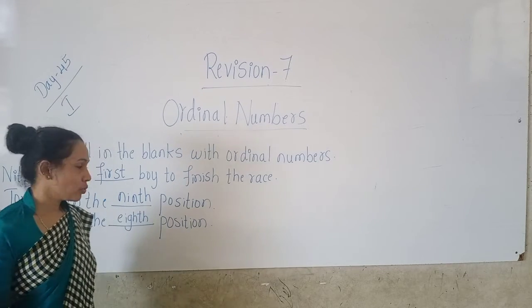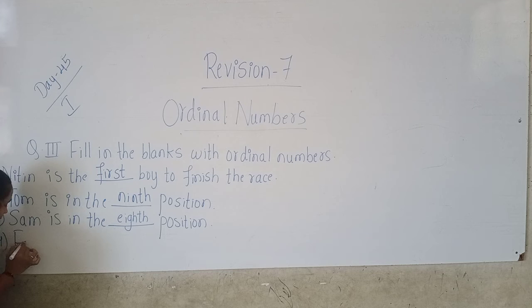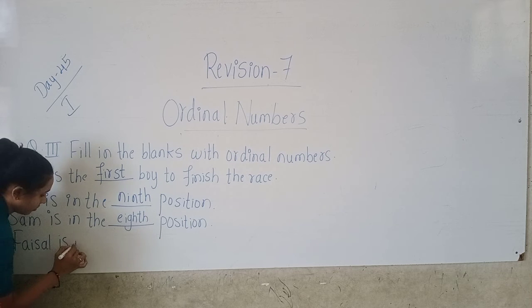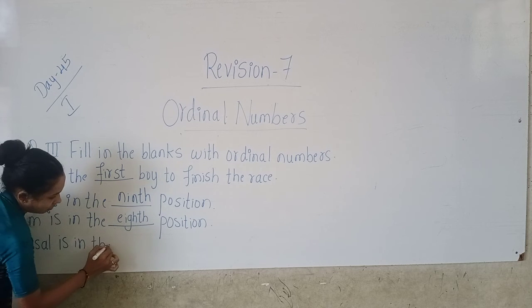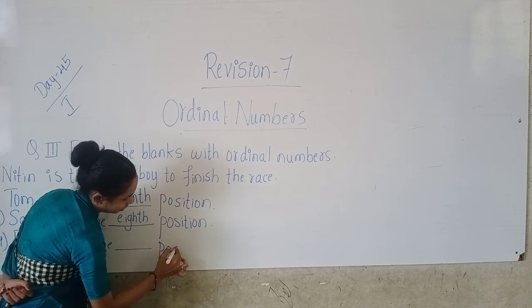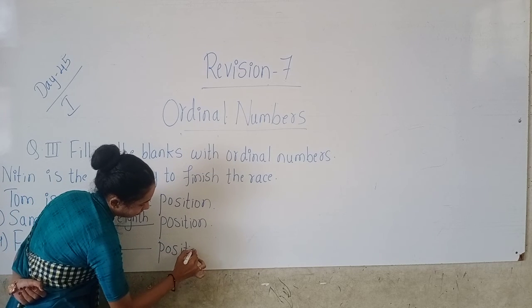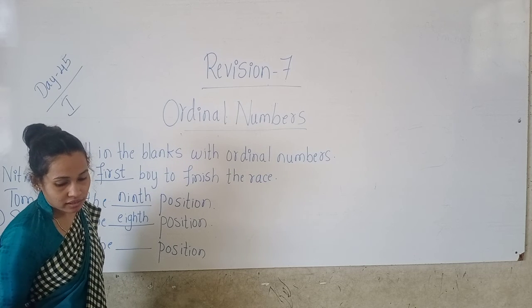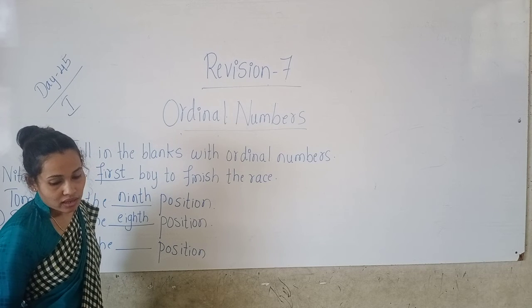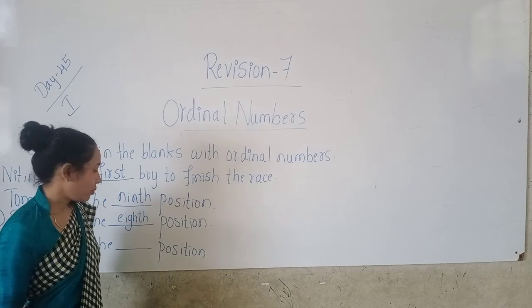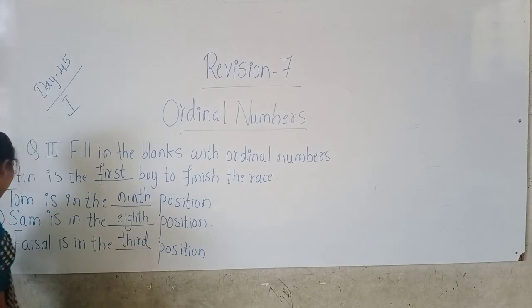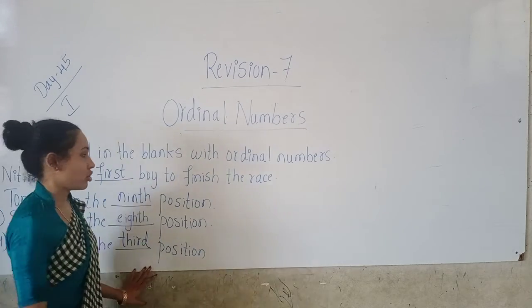Faisal is in the dash position. See in the picture, children, where is he standing? What is the position of Faisal? Faisal is standing after Nitin and Mohit, means his position is third one. Okay, Faisal is in the third position.